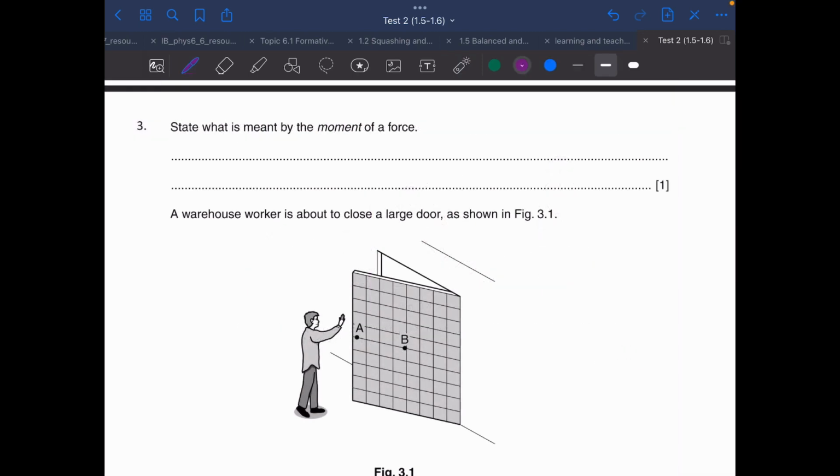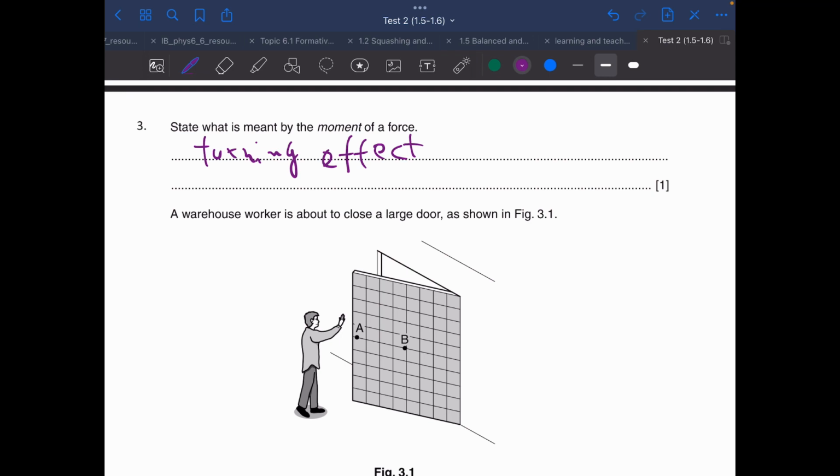Question 3. It says, state what is meant by the moment of a force. Moment of a force is basically the turning effect. Turning effect. Sorry, I'm not writing on the line perfectly. Turning effect of a force, which is the ability that the force has to cause an object to turn.